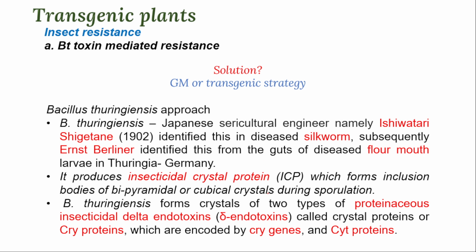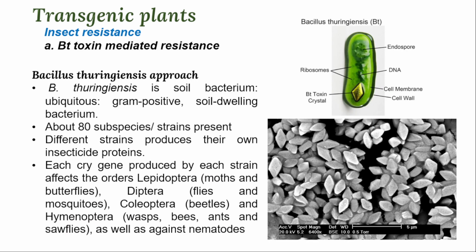protein. This is called delta endotoxin or Cry protein that mainly kills the infected lepidopteran insect, causing internal bleeding and then death of that insect. Bacillus thuringiensis is a gram-positive, rod-shaped bacterium.